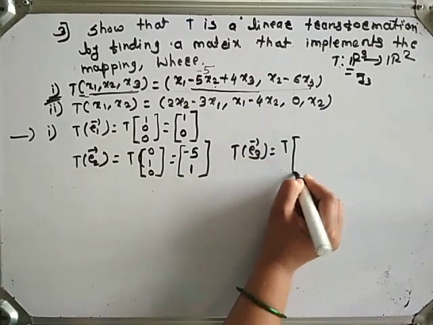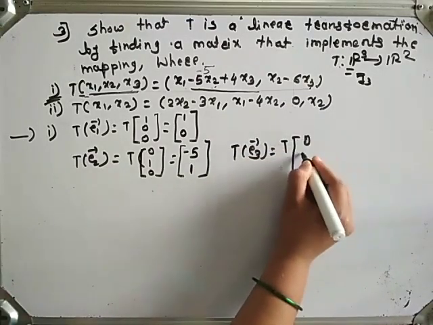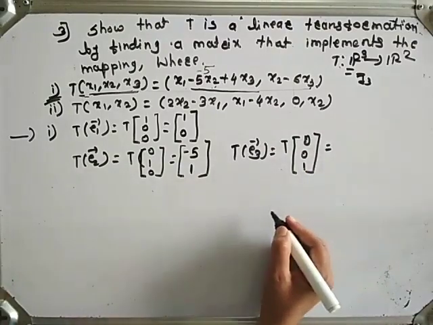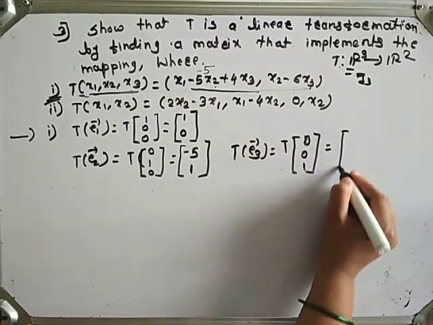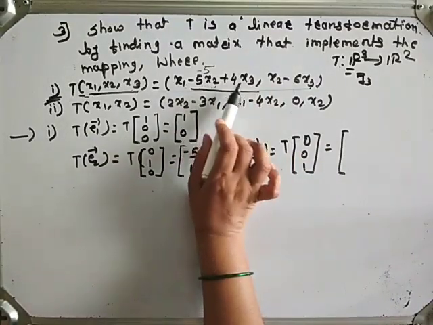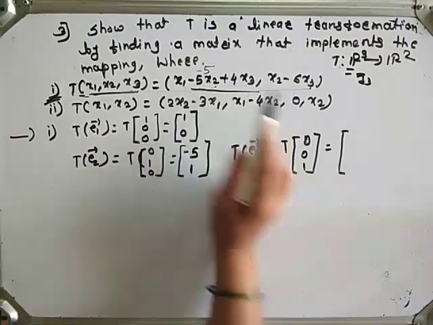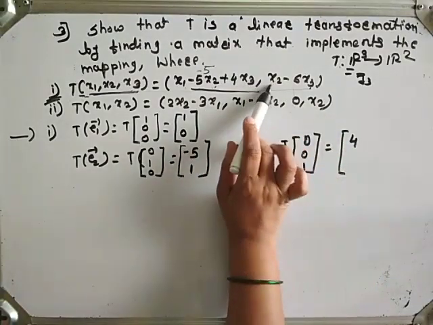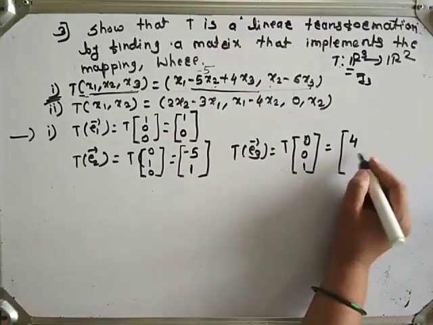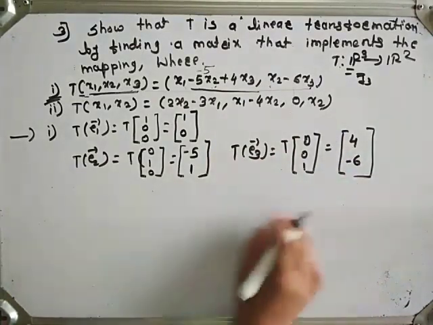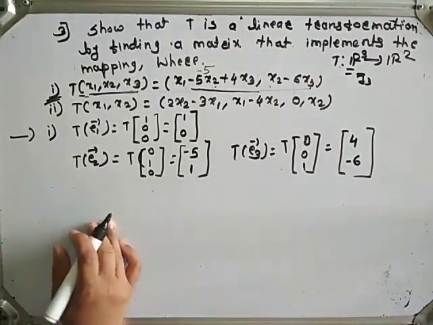T of E3 bar is equals to T of 0 0 1, which is equals to, here x1 is 0, x2 is 0, plus 4 into 1. So here is 4. Here x2 is 0, minus 6 into 1 is minus 6. This is T of E3 bar.